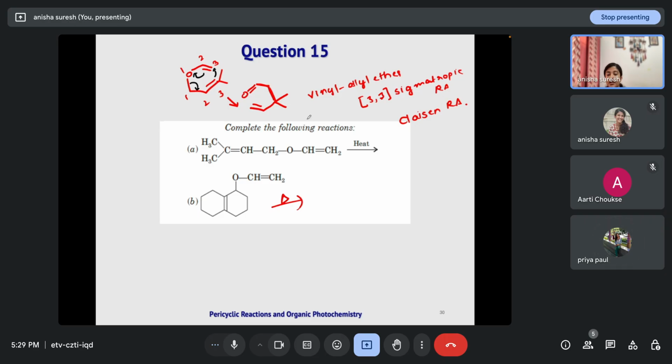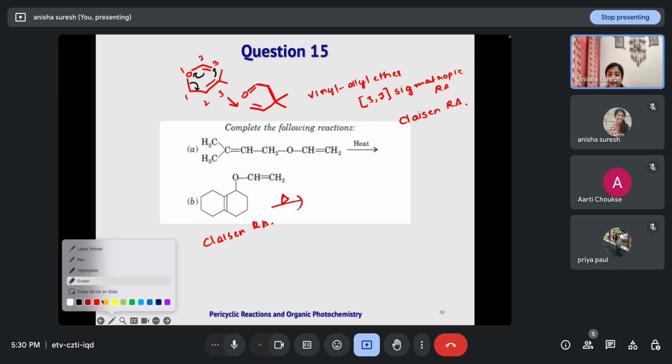Yes, ma'am. Clear. So in the second case also it is similar. This is the vinyl component and this is the allyl component. So this will undergo a Claisen rearrangement. So we can number it like 3, 2, 1, 1, 2, 3.